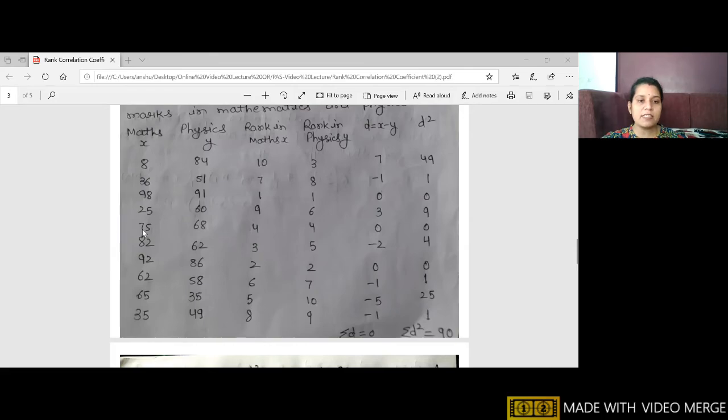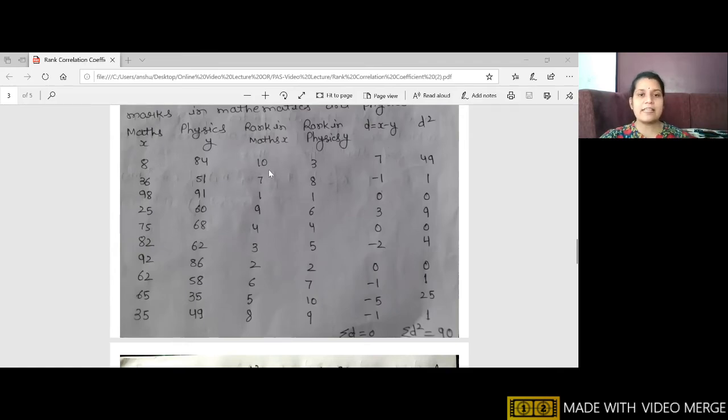According to this process, fourth is 75. So fourth rank. Next is 65. So fifth rank. Next is 62. This is the sixth rank. Next is 36. So seventh rank. Next is 35. Eighth rank. Next is 25. Ninth rank. And last is 8. 10th rank.